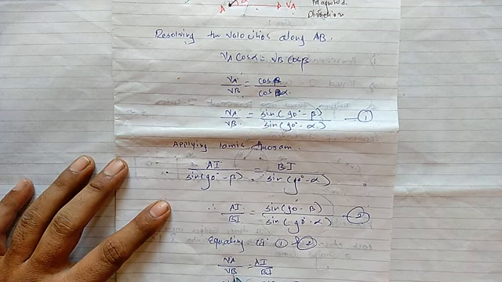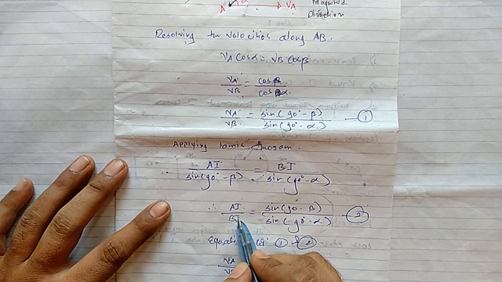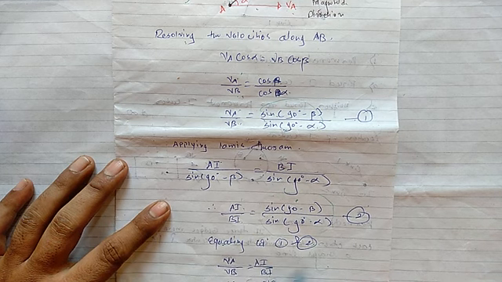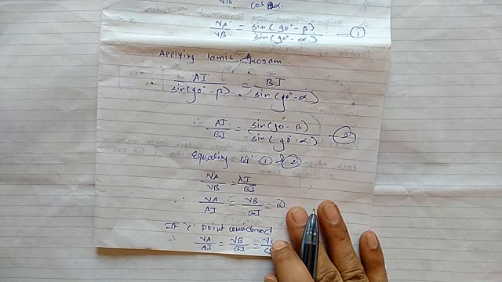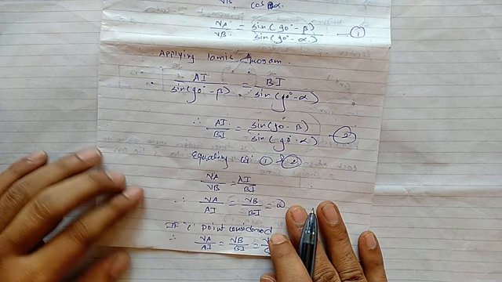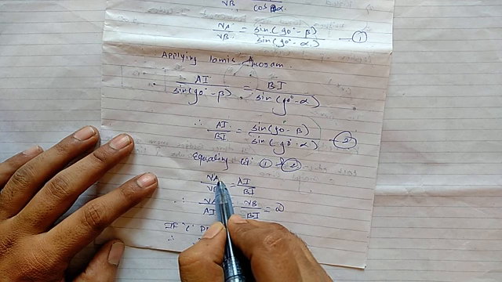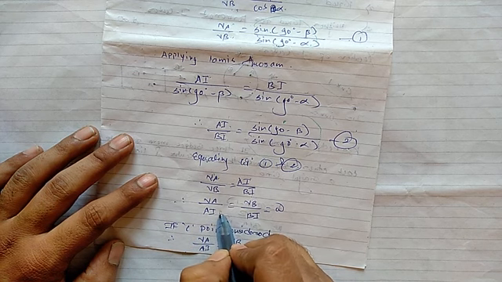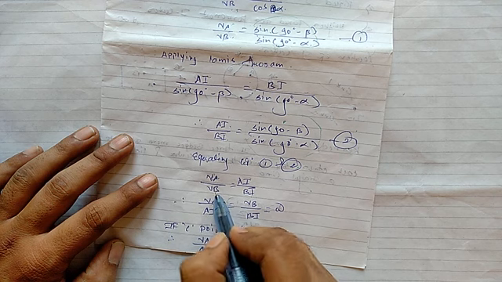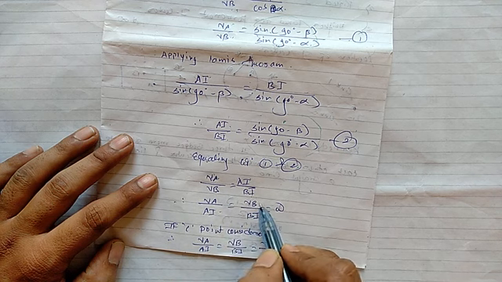So VA upon VB is equal to equation number 2, that is AI upon BI. Okay, so VA upon VB is equal to AI upon BI, and similarly you just have to transfer: we keep VA as it is, this AI moves to the denominator, and in a similar way this VB moves to the numerator.